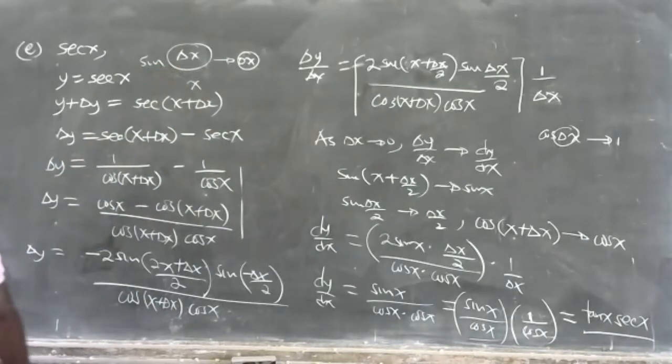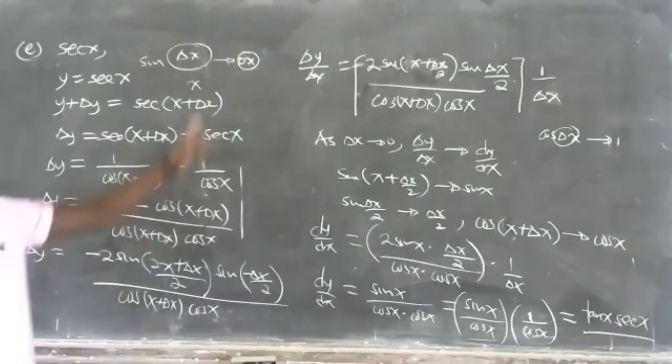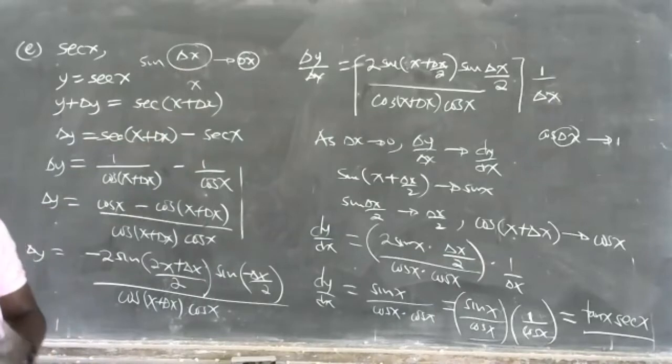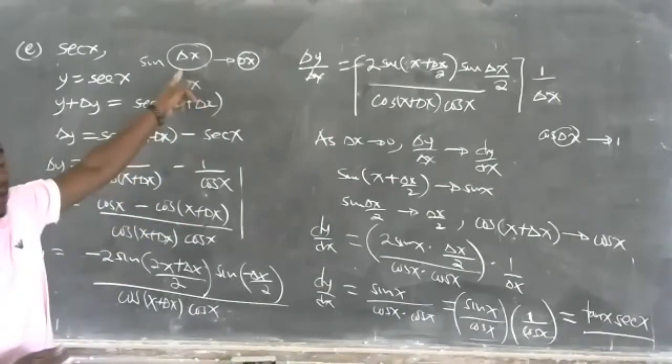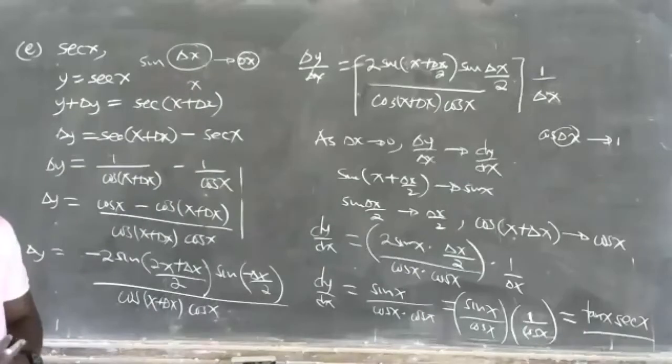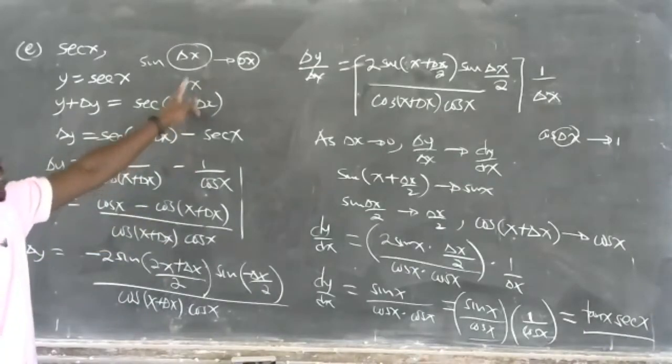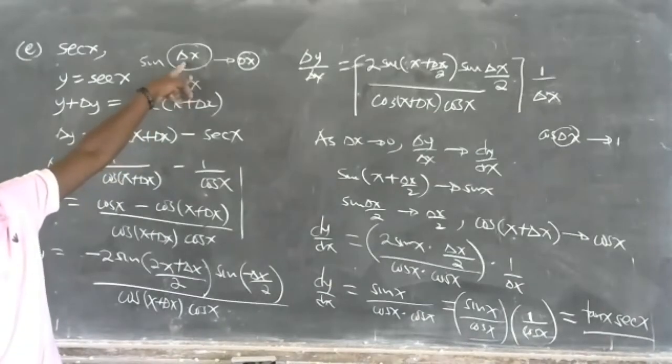So if the change in x is considered to be an angle, then x is considered to be what? We are looking at small angles. A very small angle measured in radians is the change. This x is not measured in radians. It's only the change which is measured in what? In radians. Are you following?